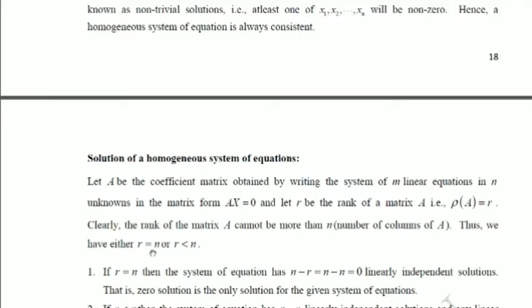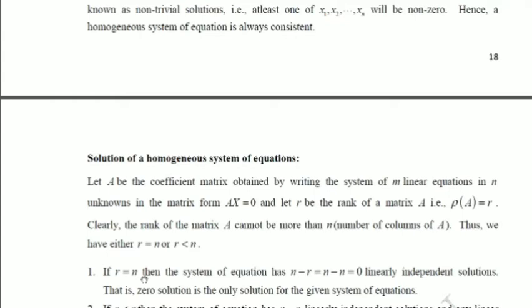Now suppose R equals n, that is, rank is the same as the number of unknowns. Then the system has n minus R linearly independent solutions. But R is the same as n, therefore n minus n equals 0 linearly independent solutions. That means this system has no linearly independent solution. Therefore, the zero solution is the only solution.